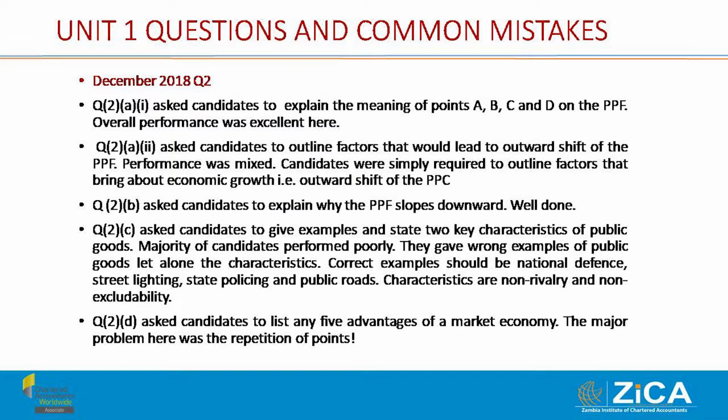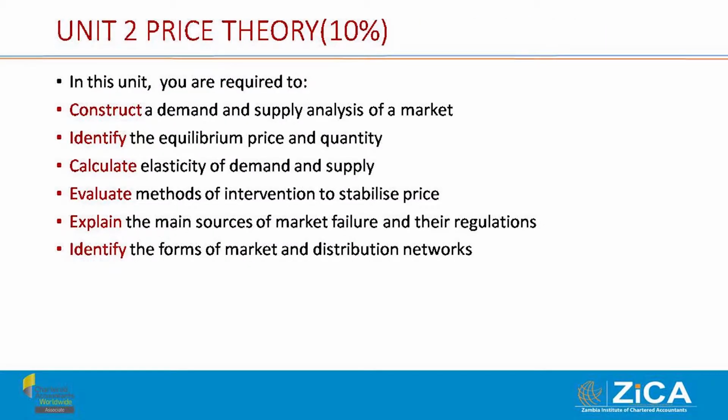So let's quickly move on to the second unit, which deals with price theory. The most important thing in this particular unit is to understand demand and supply. And in order to understand demand and supply, we'll have to briefly look at what is demand, what is supply, and so on.